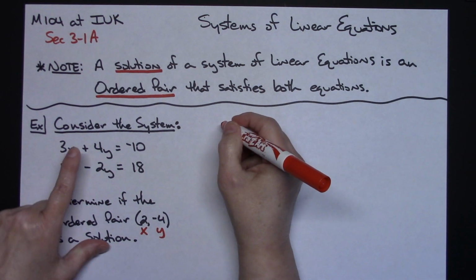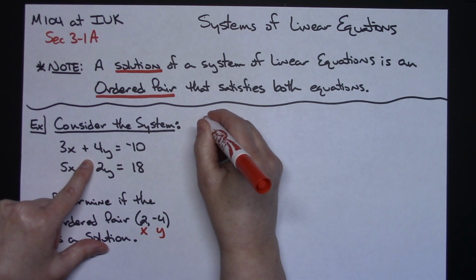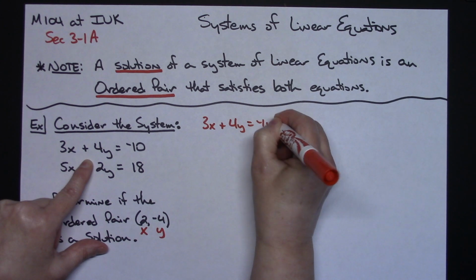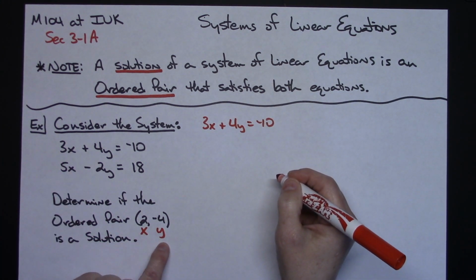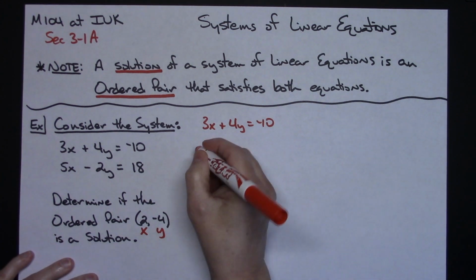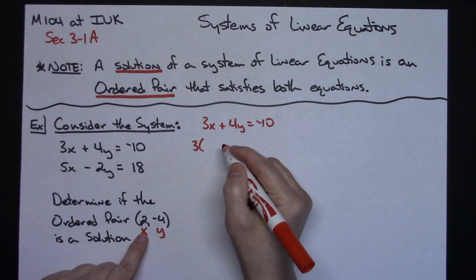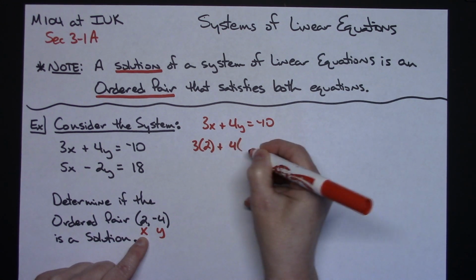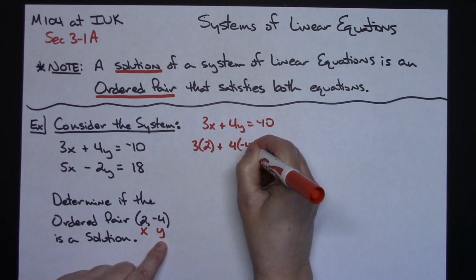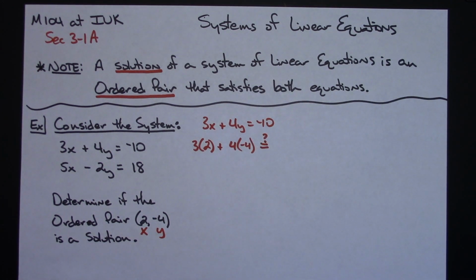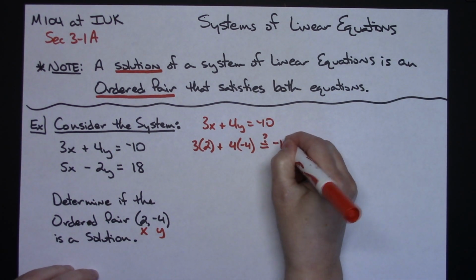Okay, so I'm going to take my top equation, which is 3x plus 4y equals -10. Alright, I'm going to take x and y and plug it into this and see if it equals -10. So I'm going to have 3 times my x value, which is 2, plus 4 times my y value, which is -4, and then a question mark above the equal sign because I'm checking to see does this equal -10.